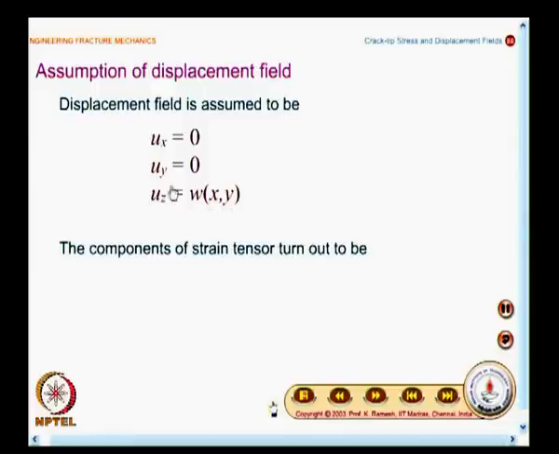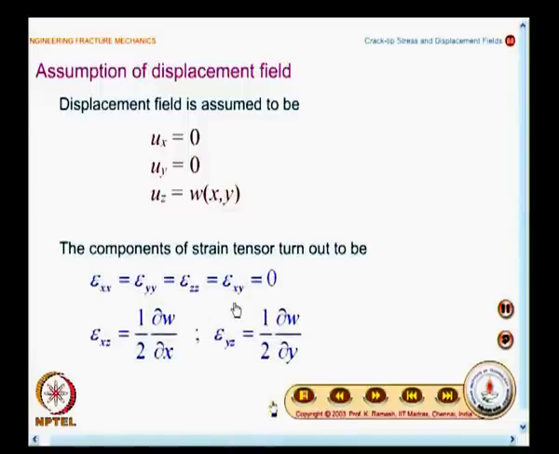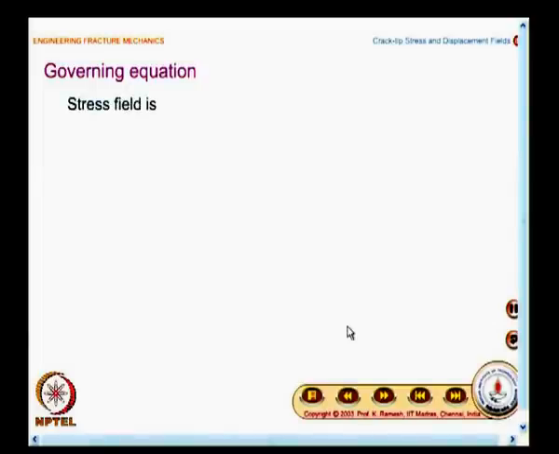From the displacements you can find the strains. These are very standard quantities, which we looked at in the last class; just for continuity I am showing these expressions. Once you get the strains, you can go on to find the stress field.